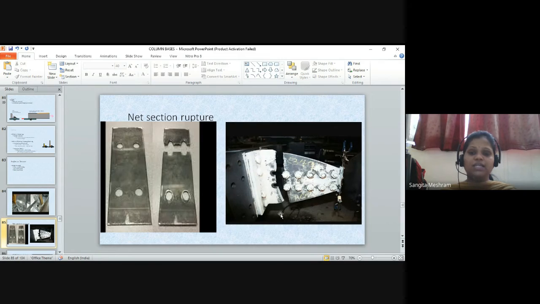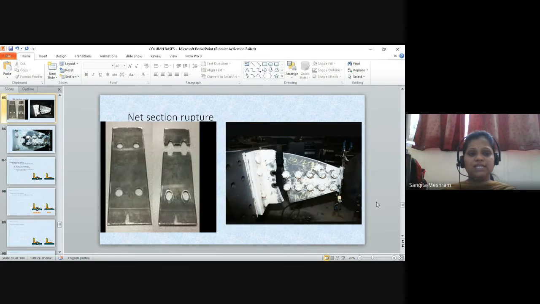The net section consists of the bolt and bolt hole. The line connected with these two bolts, the first line of bolts, will fail, and that is net section rupture. There will be rupture of the plate along the bolt line. You can see this in the first figure and the second figure also.